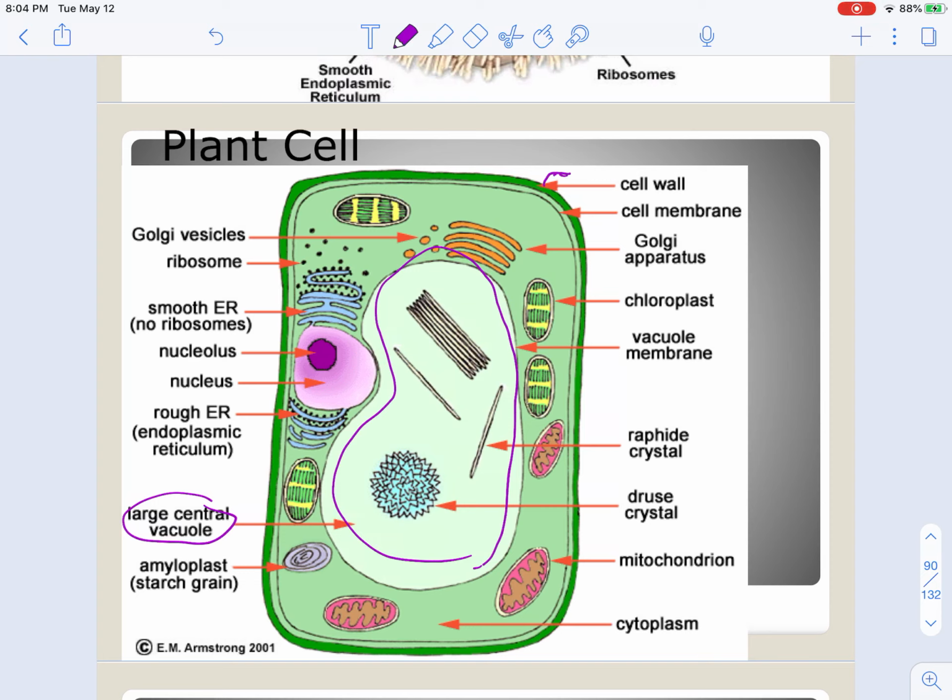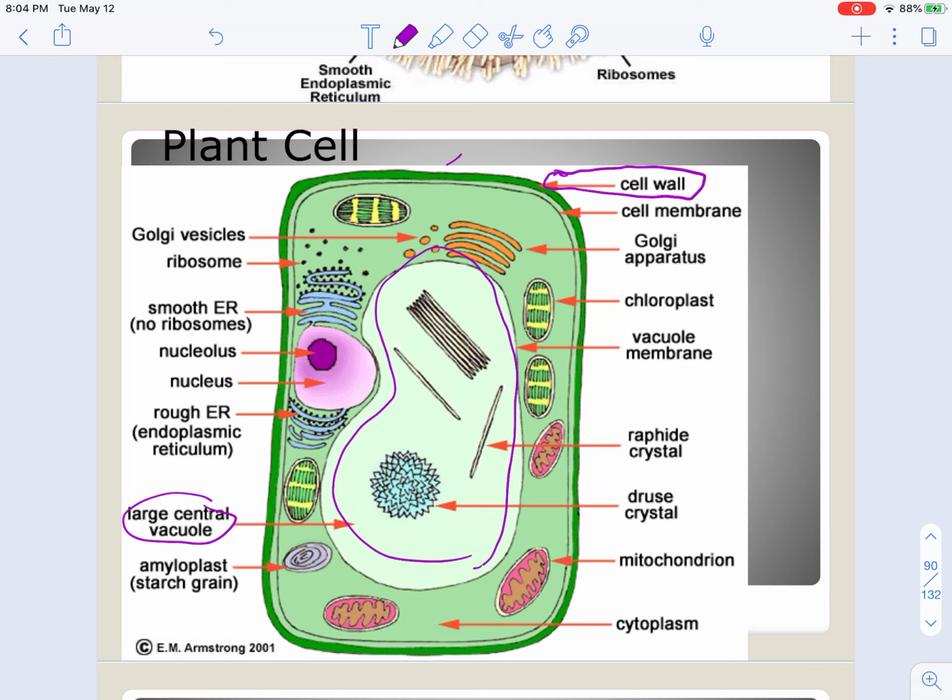Plant cells also have this cell wall that surrounds their cell membrane, and that rigid cell wall made of cellulose helps plants stay upright even though they do not have a skeleton. So that's what the cell wall is for.